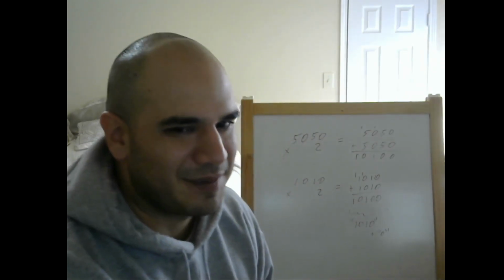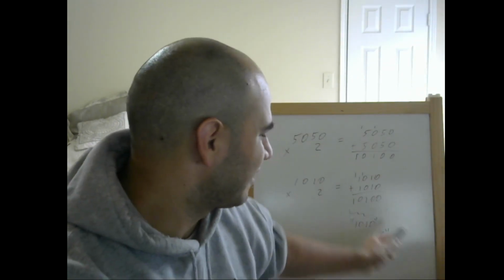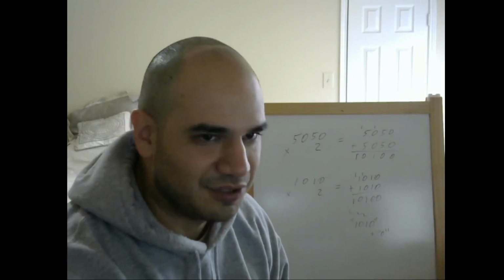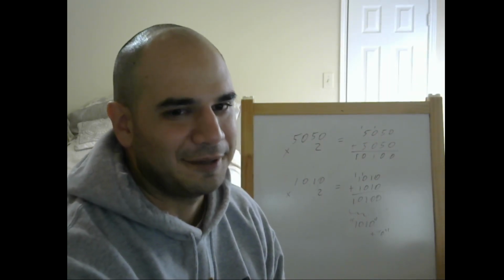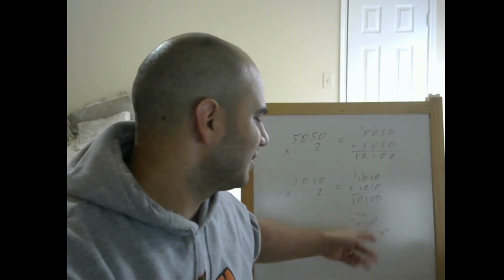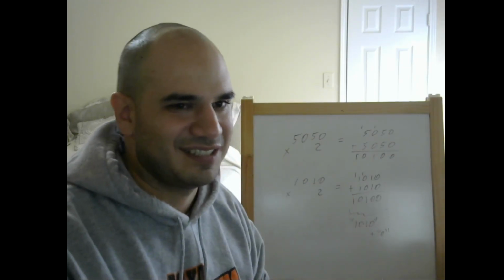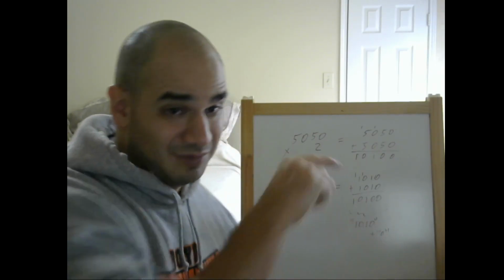If you multiply by 2, then you just tack on a 0 to the end. If you multiply by 2 squared, or 4, you would tack on 2 zeros; 2 cubed, or 8, you would tack on 3 zeros, and so on and so forth. This is what we call shifting left and shifting right. So you just feed in zeros if you shift left, right?